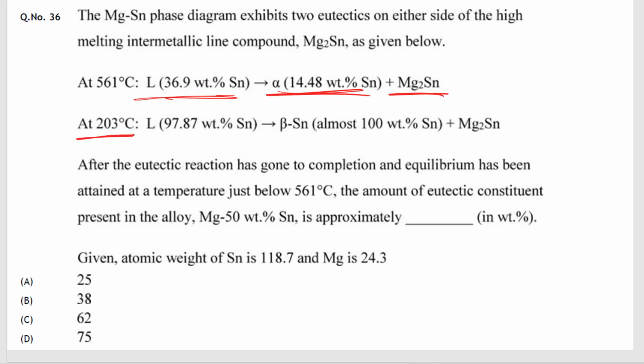At 203 degrees centigrade, liquid is changing into beta and Mg2Sn. After the eutectic reaction has gone to completion and equilibrium has been attained at a temperature just below 561 degrees centigrade, the amount of eutectic constituent present in the alloy Mg 50 weight percent Sn is. Okay, so these are the options, and we are given here atomic weights also, right?